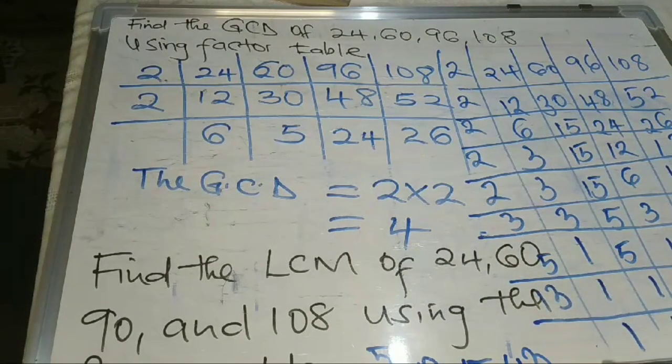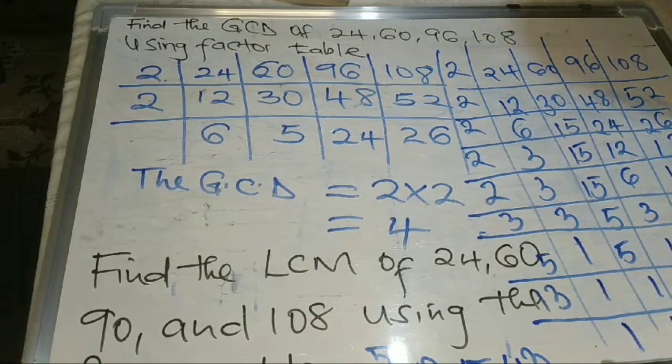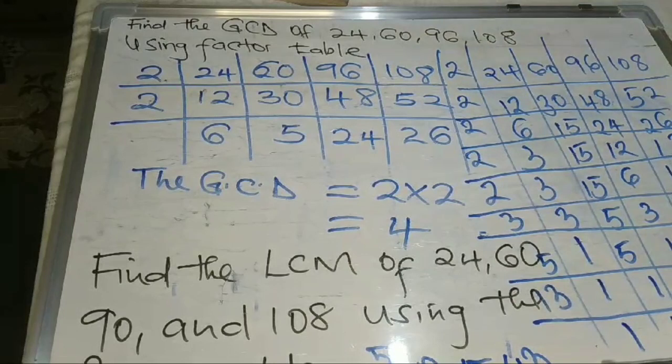Now let's see from the calculator what that is going to give us. 2 power 5 multiplied by 3 times 5 times 13 gives us 6240.